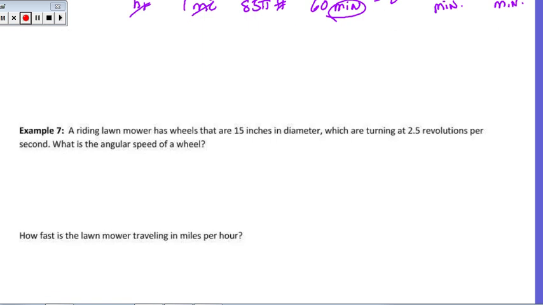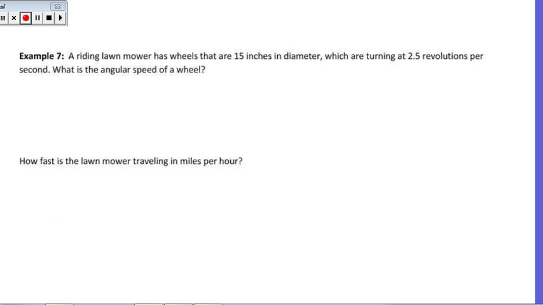It's a 2-parter. We've got a riding lawnmower, has wheels that are 15 inches in diameter. So I know that the circumference is going to be 15 pi inches, which are turning at 2.5 revolutions per second. They want to know what is the angular speed of the wheel.